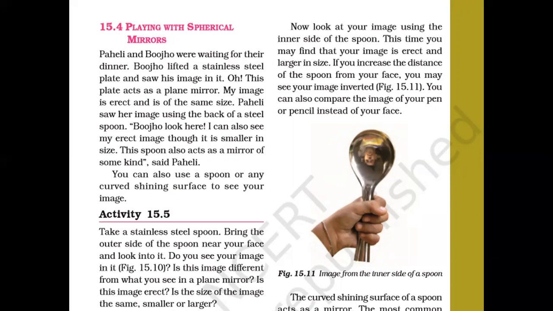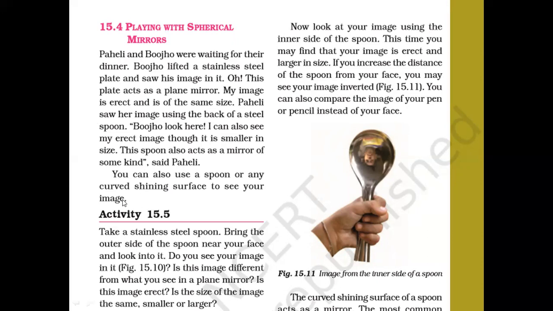But when they take the spoon, which is also acting as a mirror, they get an image which is erect, but smaller in size, not as in the case of a plane mirror where the image was of the same size.